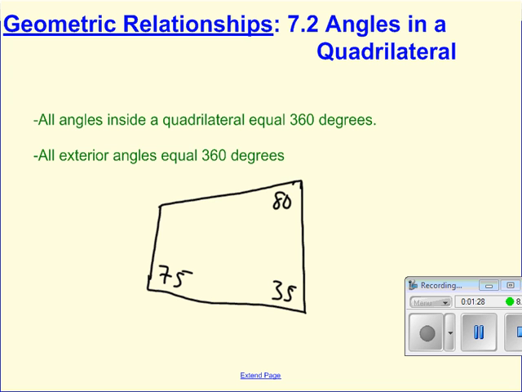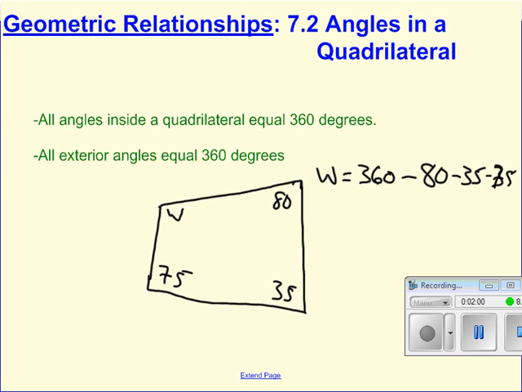So I have these three angles, and I'm trying to look for this angle right here, and I'm just going to call this angle W. So angle W, I know, should be what's left over from 360 degrees after these guys. So W is going to be equal to 360 minus 80 minus 35 minus 75.